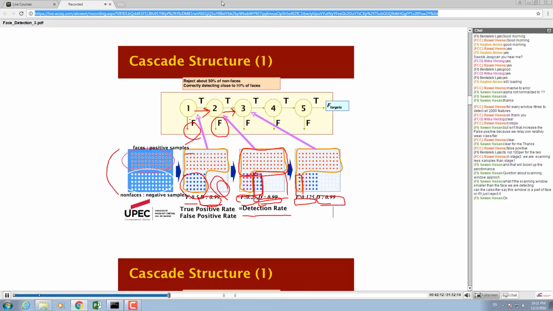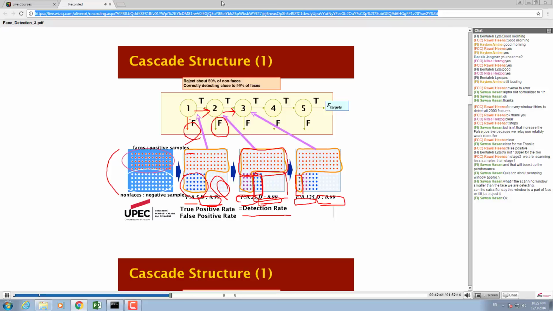So it's not just about position. For one size, we have to scan from the top left corner to the bottom right. For the other size, we have to do that again. So how many different sizes do you want to use? That determines the accuracy of face detection, and it also affects the speed of face detection.